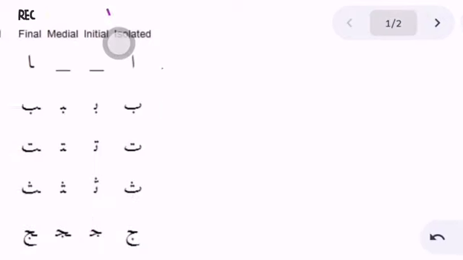Now let's look at some examples regarding our seen and sheen. Maybe you were told to identify the letters in this word.